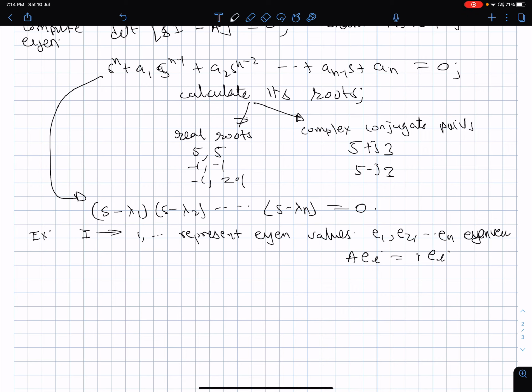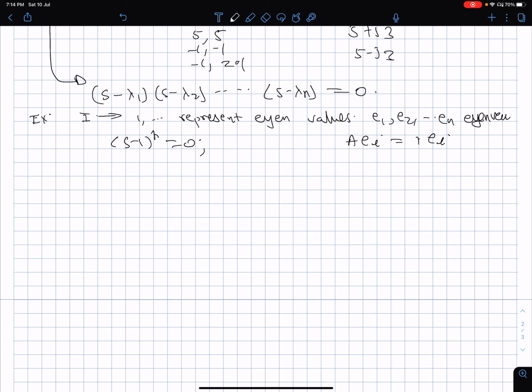So every column of the identity matrix, first column, second column, each one of them is an eigenvector, and one is the eigenvalue which repeats n number of times. In this case, the characteristic polynomial will be s minus 1 to the power n equal to 0.